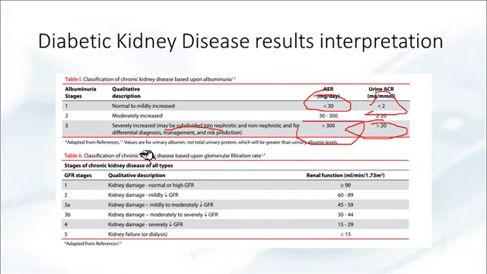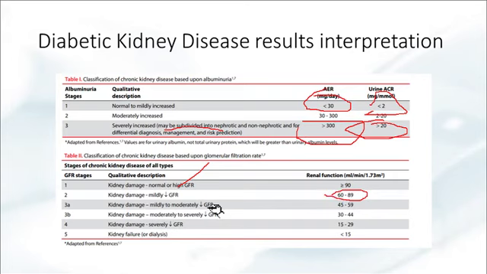Another thing to bear in mind is the stages of chronic kidney disease, which I'm sure you're already well aware of. An EGFR of greater than 90 mL per minute per 1.73 square meters is generally considered normal or high EGFR. Once you are less than 90, that's when you're going to have very mildly decreased EGFR, so an EGFR stage 2, that's 60 to 89.